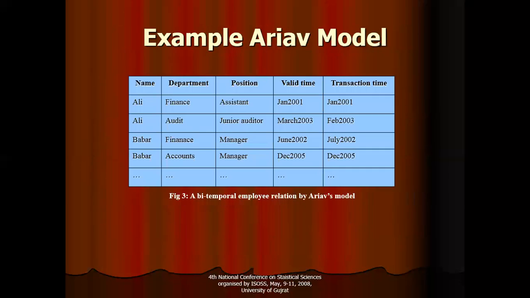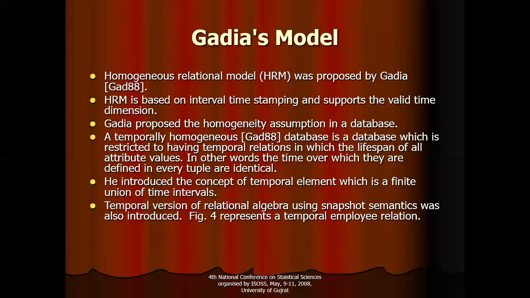Going back to the Gadia model, he introduced the concept of homogeneity, and we have discussed the concept of lifespan. Now he introduced another concept in his model, the temporal element, which is a finite union of intervals.